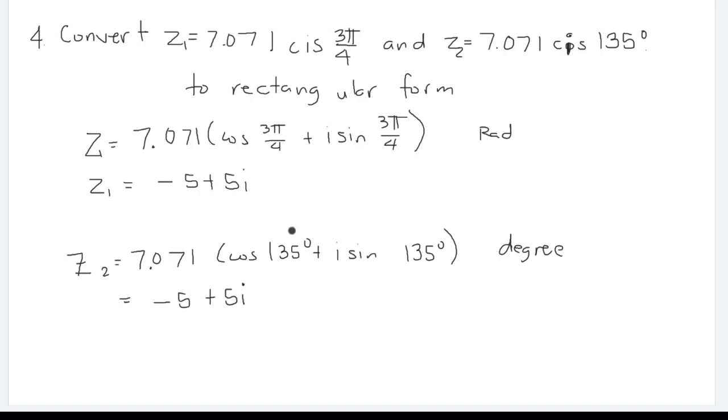Baka magtaka yung iba, bakit same yung sagot? If you convert 135 degrees into radian, that's times pi over 180. This will result to 3 pi over 4. That's why we have the same answer.